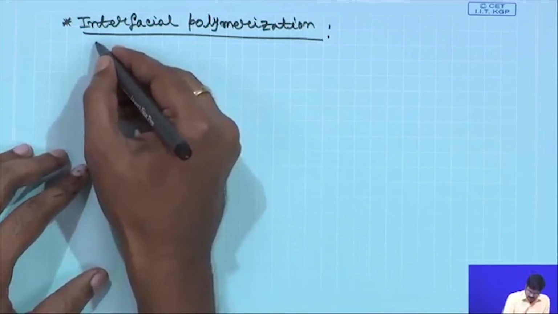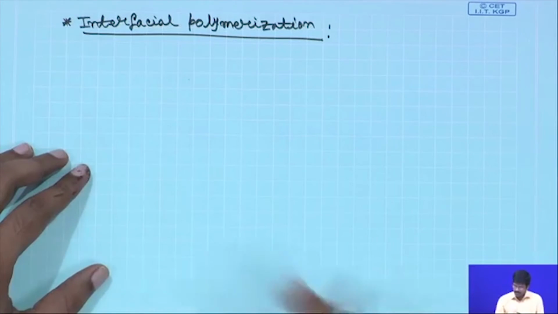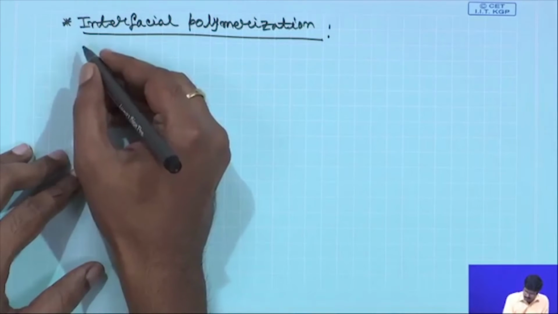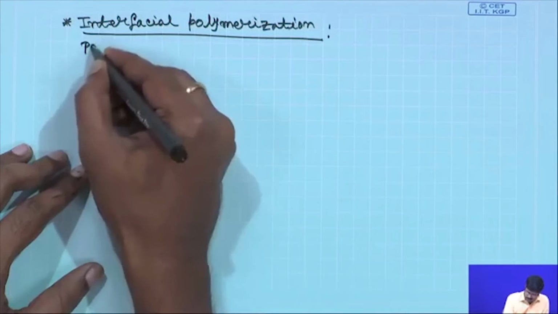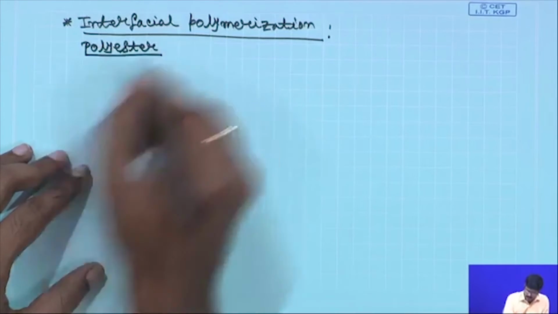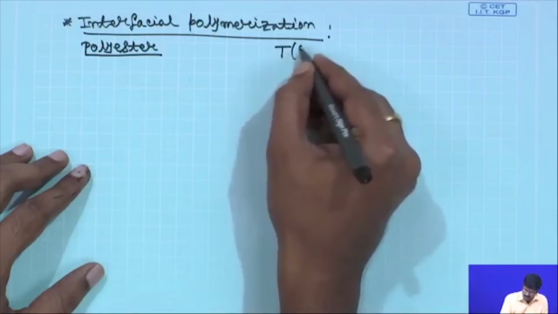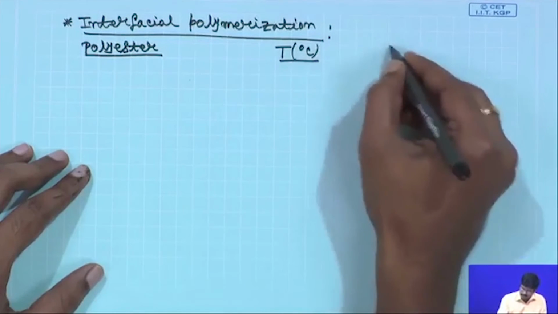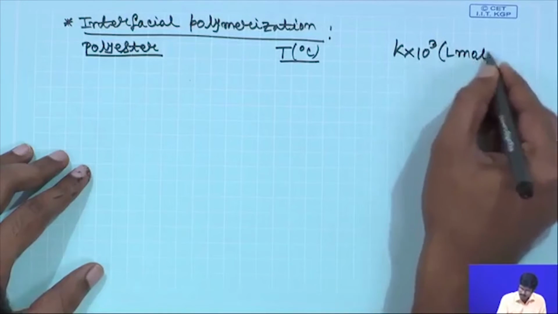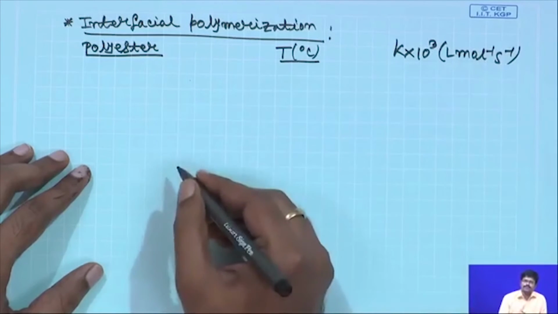So, let us say I have a table something like this. Let us say if you are looking at polyester formation, this is the rate constant, in liter per mole per second.